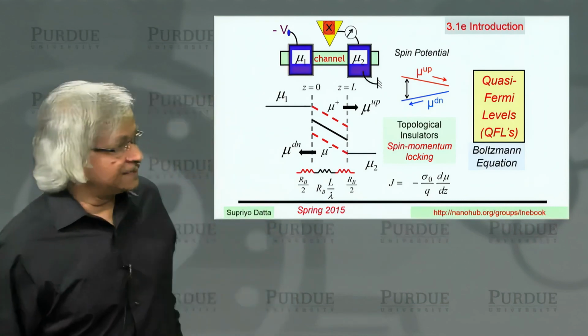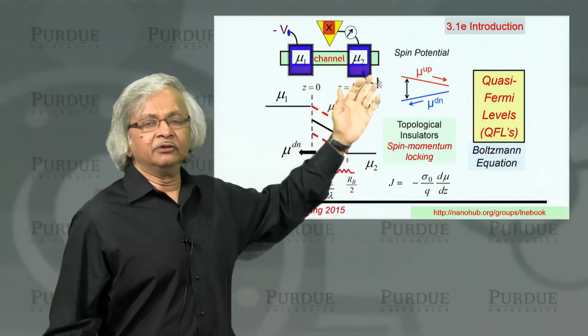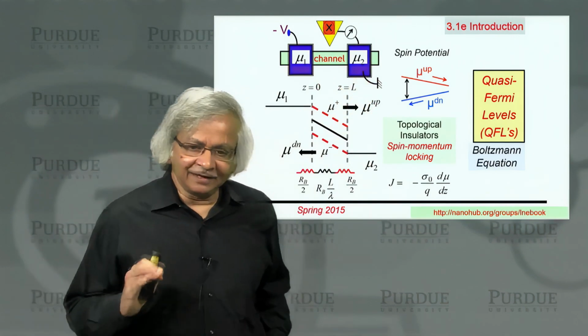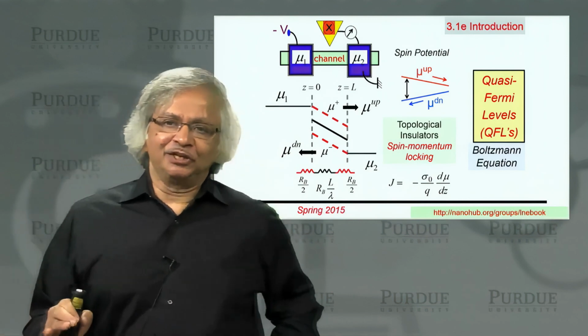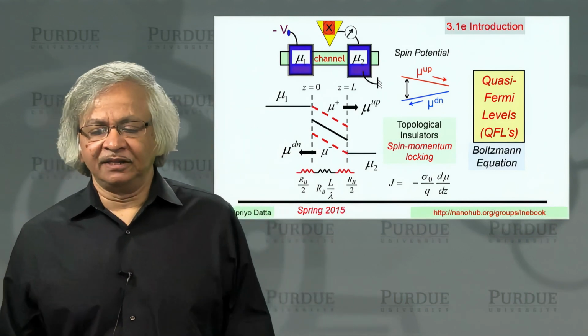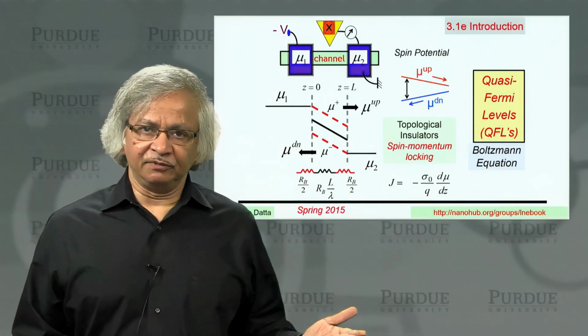And what I believe is that in the coming years, there'll be more and more such examples in nanoelectronic devices, which will make it very important to really understand what potential means, what it is really about, and this idea of quasi-Fermi levels, and that different species can have different quasi-Fermi levels.